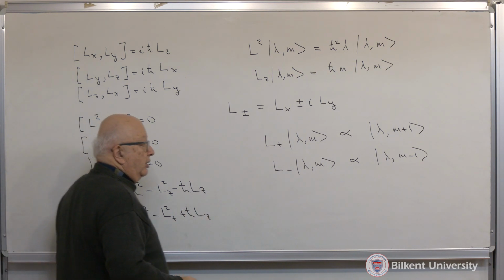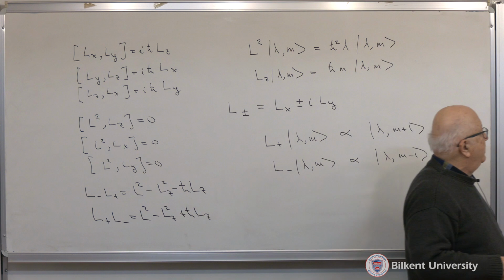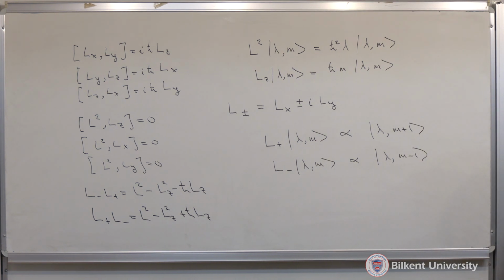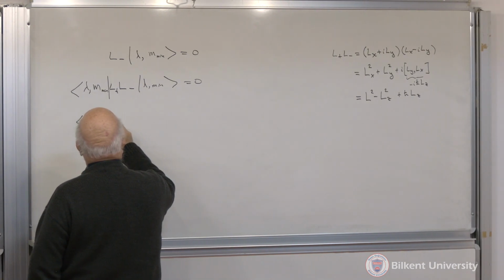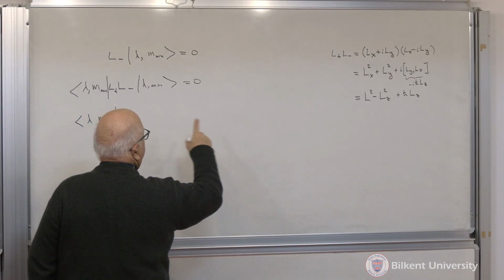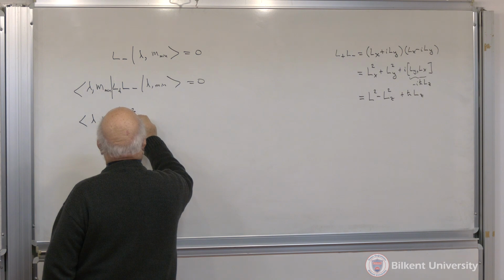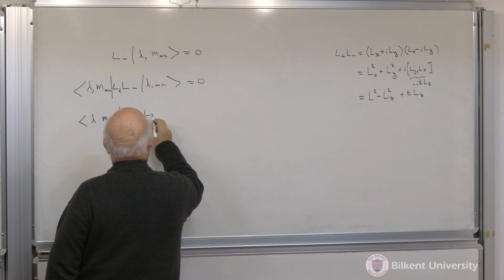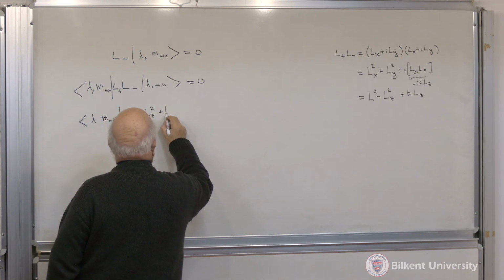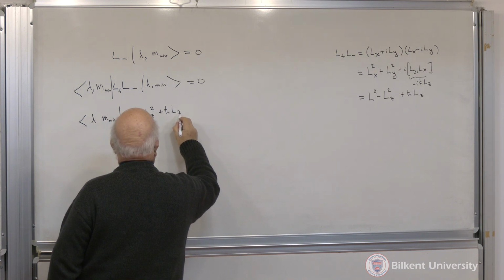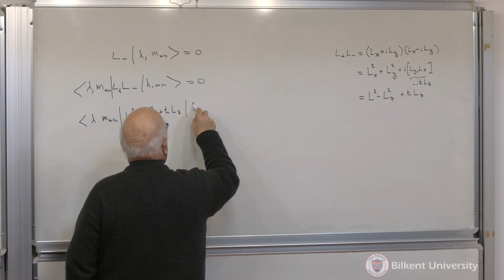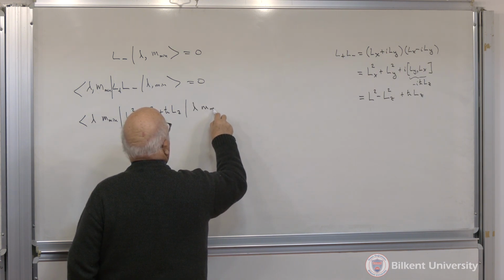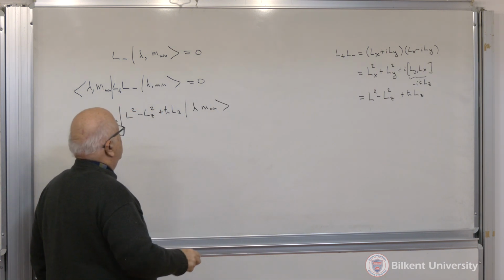So going back here, I have lambda m minimum, L plus L minus, which is L squared minus Lz squared plus h bar Lz, lambda m minimum equals 0.